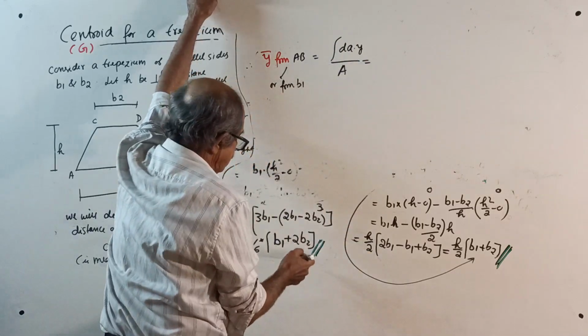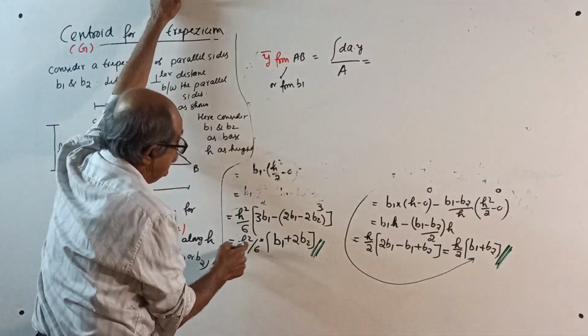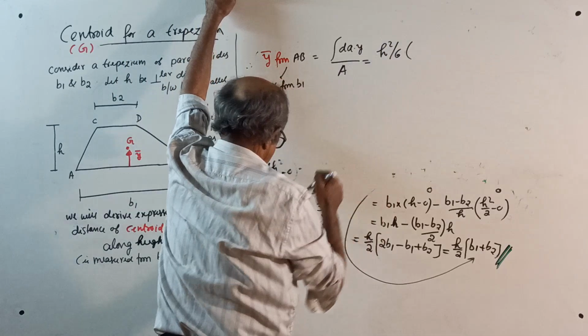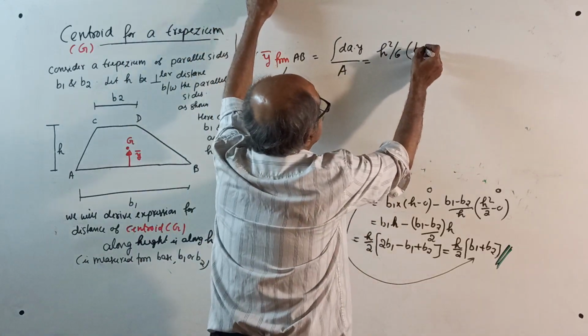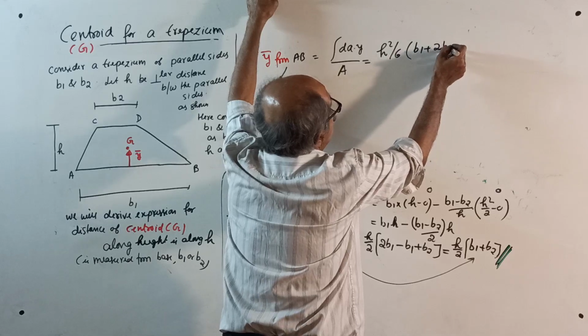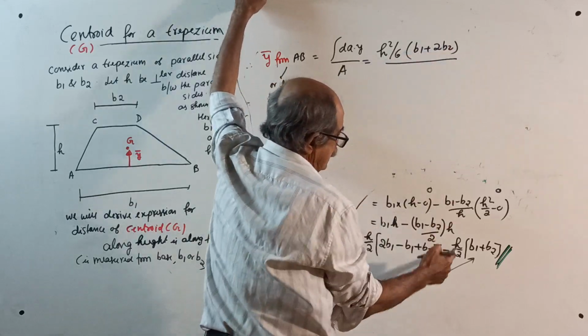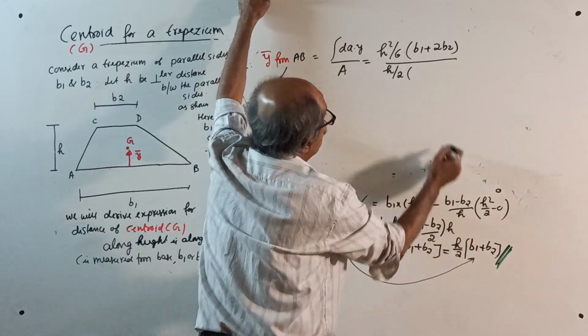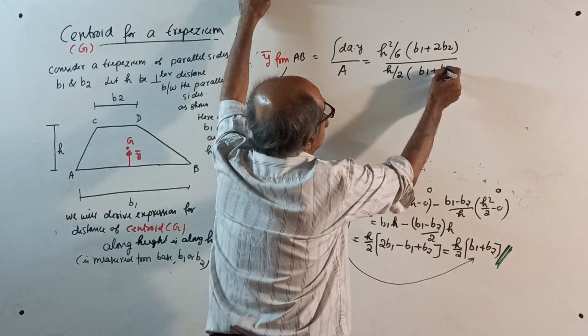The integration of dA into y is h square by 6 times (b1 plus 2b2), divided by the area, which is h by 2 into (b1 plus b2).